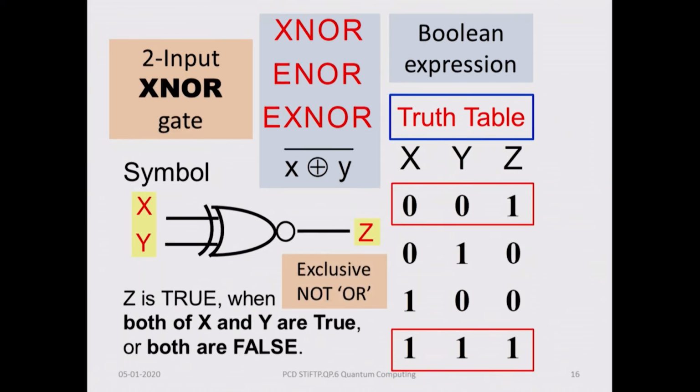And then you have the exclusive NOR. So, you can see that this will give you unity either when both the inputs are on or both the inputs are off. If either of them is on and the other is off, then it will not give you on in the final result.